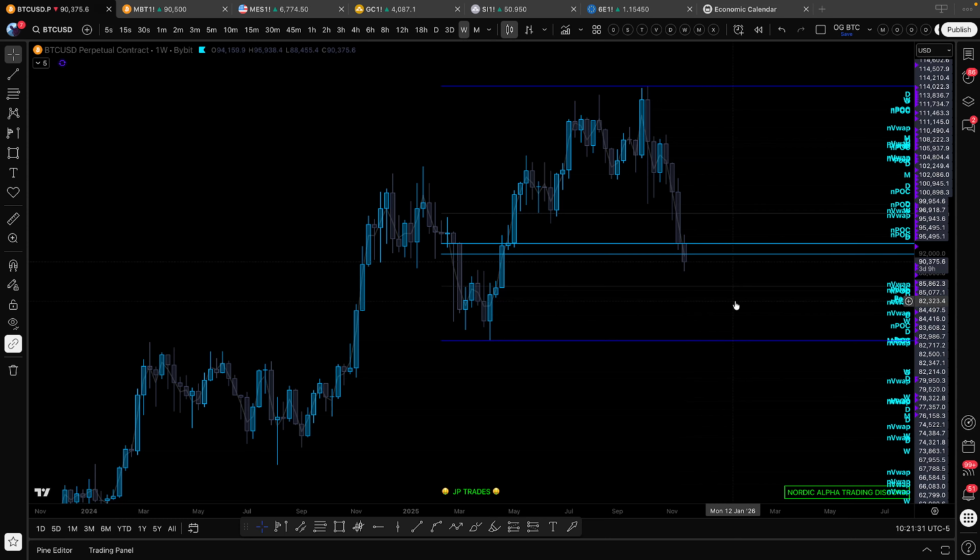Let's just take this from a level to level perspective, because we're not trying to predict anything here. We're going to create some levels based on technical analysis, and when we get to those levels, we have to use confirmations and invalidations to properly trade the charts with proper risk management.